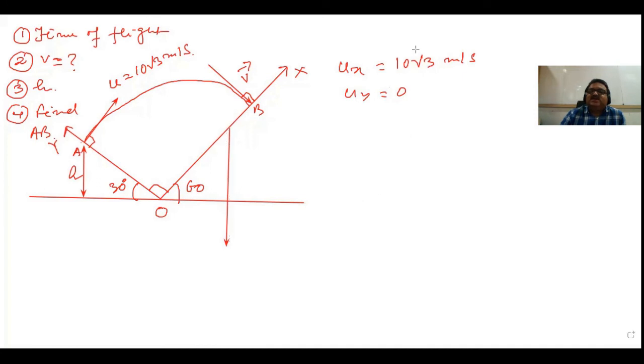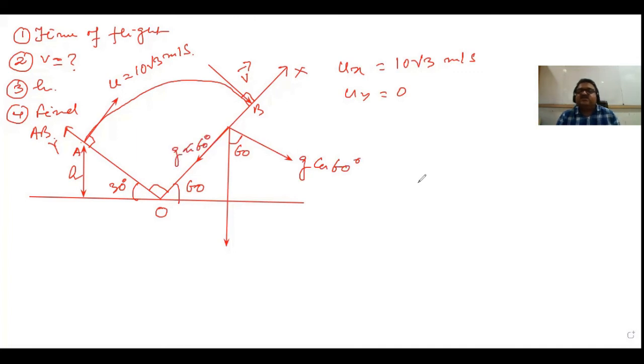If I take the components of g, one component along this direction, other component along this direction. You can do the same thing with this incline, ultimately you will get the same result. So this will be 60 degree, which means this is g cos 60 and this is g sin 60.